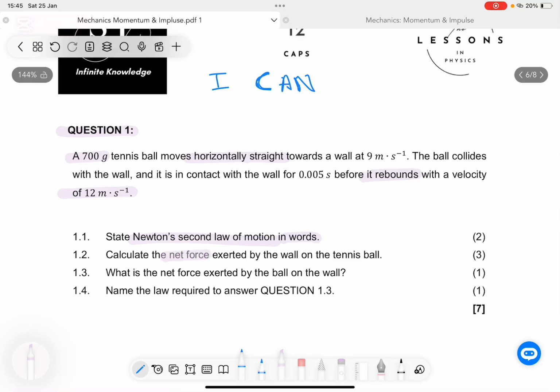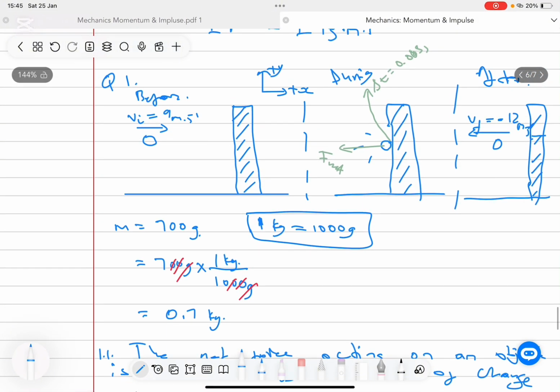1.2, it says here, calculate the net force exerted by the wall on the ball. So when we did our problem interpretation, we noticed that the wall will actually apply a force on the ball. That's why the ball is going backwards, because when they collide, it pushes the ball backwards so that it goes back in that direction.